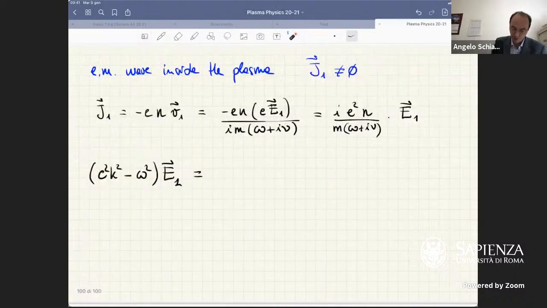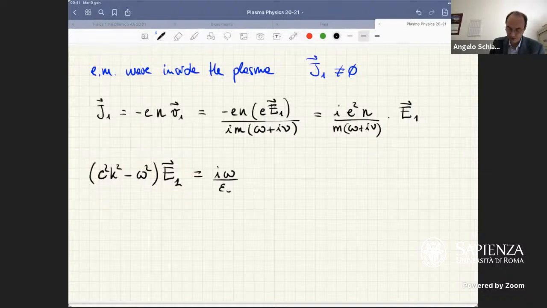So it was i omega divided by epsilon naught times J1, which becomes i e squared n divided by m that multiplies omega plus i nu, and everything multiplied by E1. So you see that we are building our dispersion relation here.